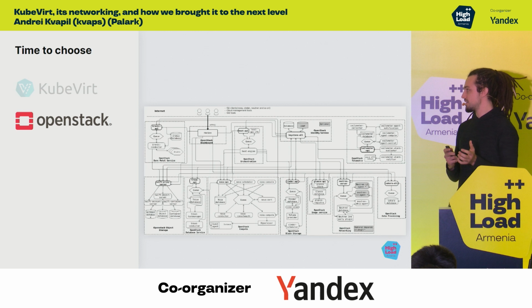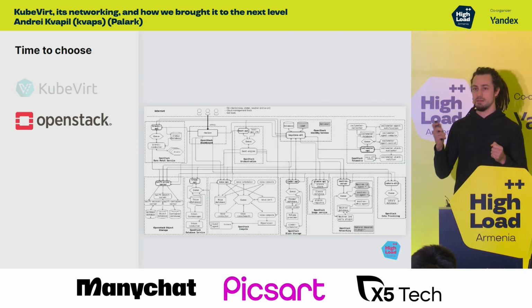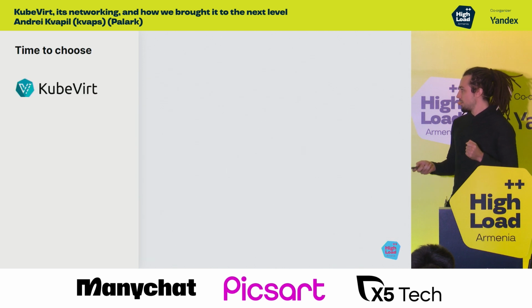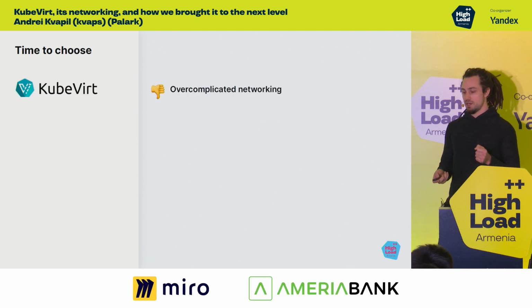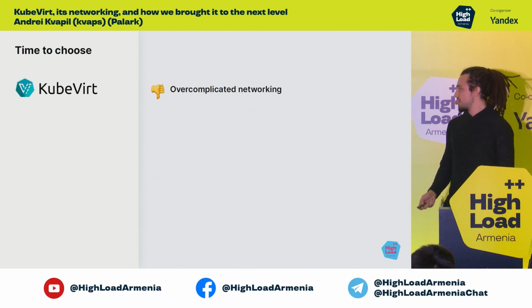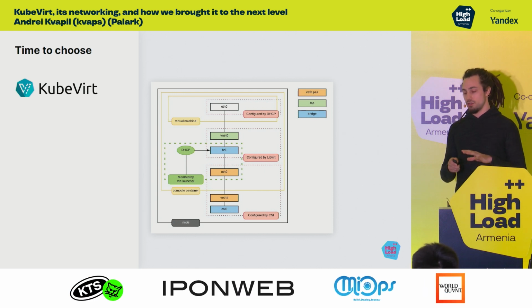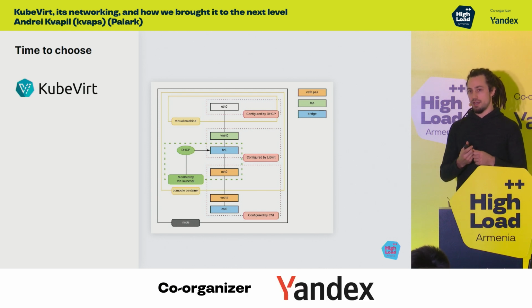We wanted something simpler. We like the KISS principle, keep it simple, stupid. So the next solution was KubeVirt, but it also wasn't very good. The problem of KubeVirt is that it has an overcomplicated networking stack. KubeVirt actually tries to reuse all the interfaces of Kubernetes, like CSI, CNI, and CRI, to be able to run virtual machines inside Kubernetes.